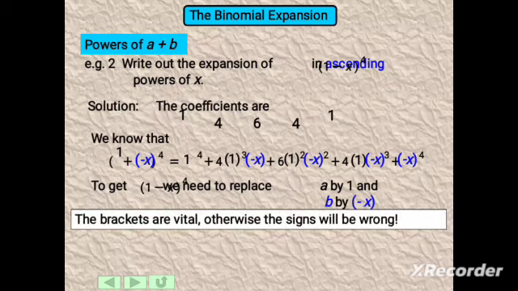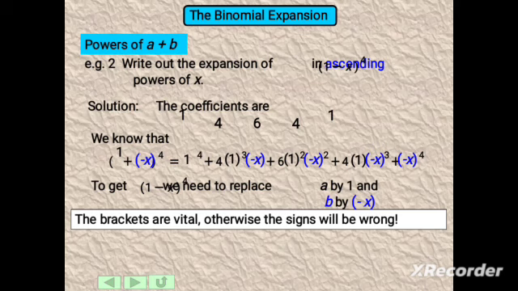So our final expansion, remember the brackets are very key, because the first term starts with 1, then plus. The first term will be 1 raised to power 4. The second term will be 4 into 1 cubed, because the powers are descending, 1 raised to power 3, into negative x.